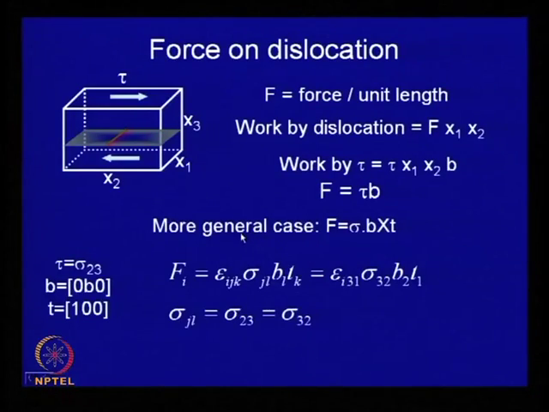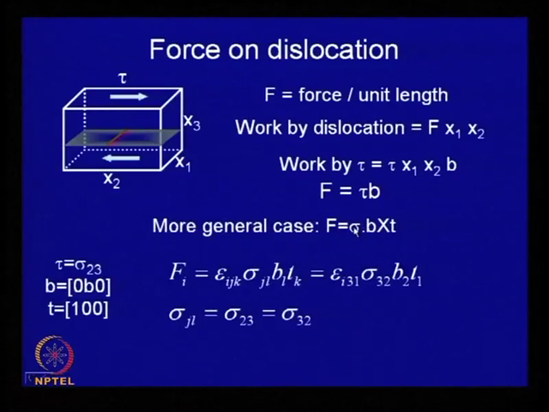In a more general case, how do we find out the force, if you have all components of the stress field present? So, that means there are all 6 components of the stress field. The stress matrix is symmetric, and it is represented as a 3 by 3 matrix, that is sigma.